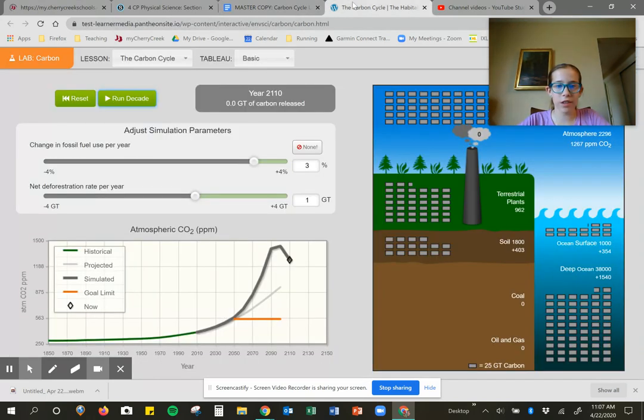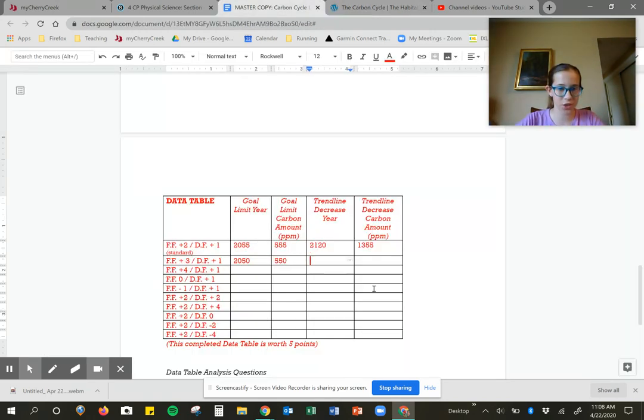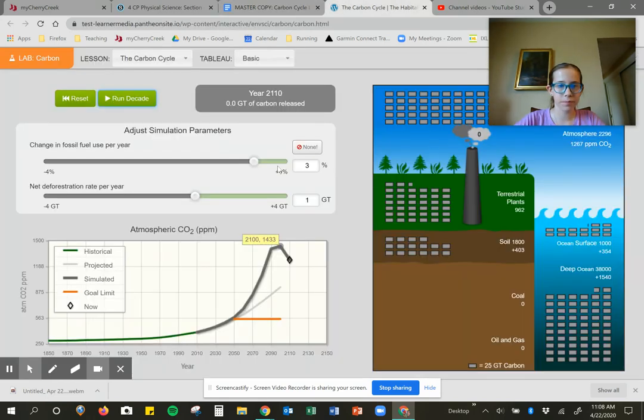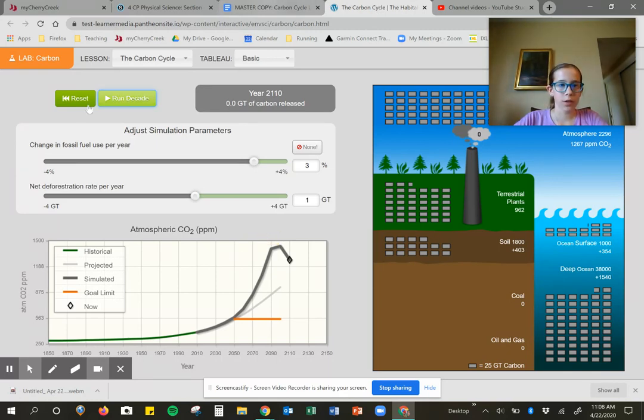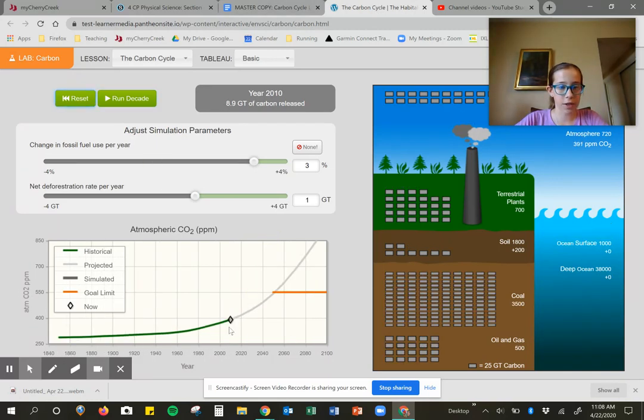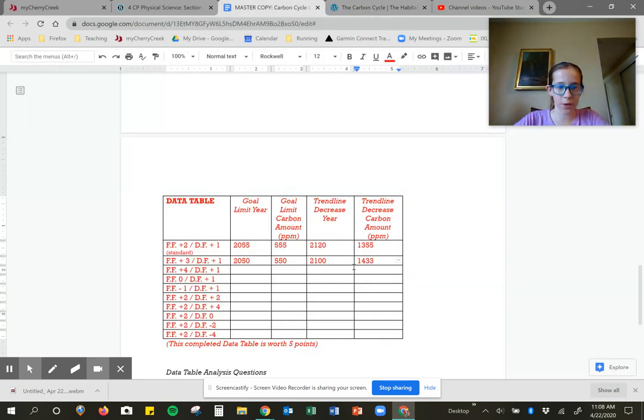And then for the trend line decrease, we are at 2100, and then 1433. And then we click restart and we do it over again. Note that all of these columns have to be filled out.